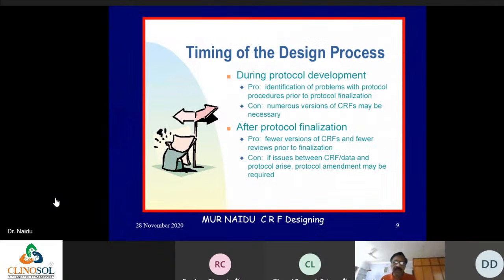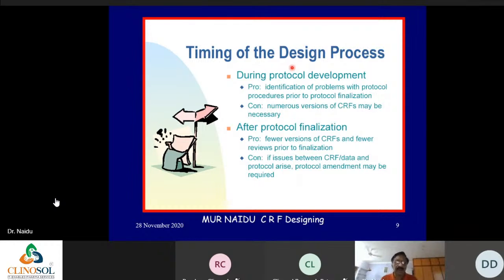Now comes the timing of the designing process. When you think of designing a case record form, the first and foremost step is during protocol development. We have decided that we want to do a particular clinical trial, and the first document we want to develop is a protocol.